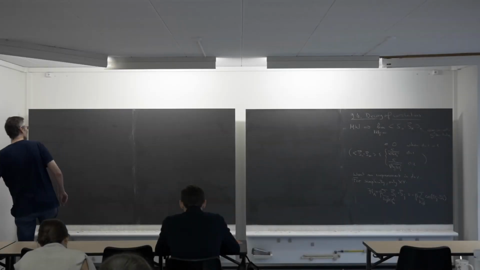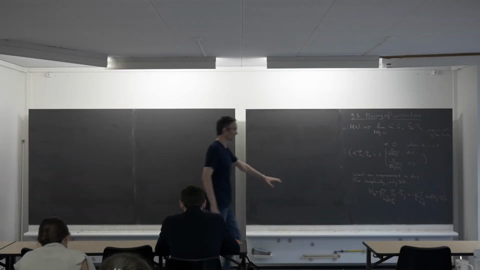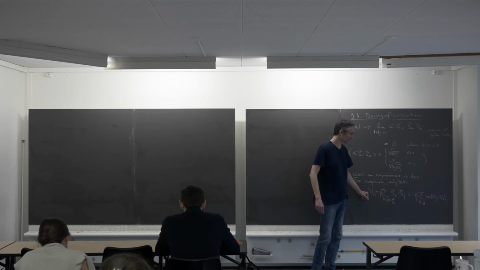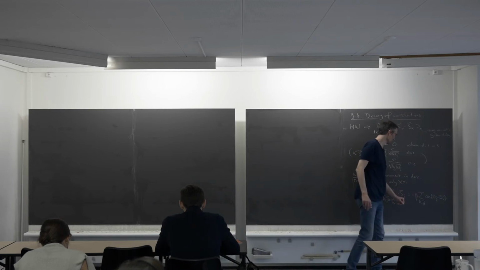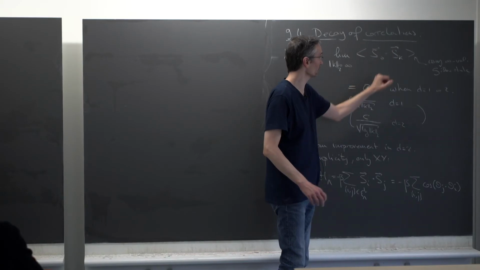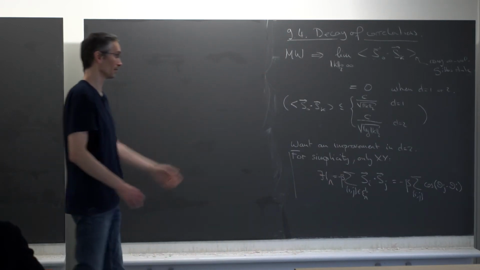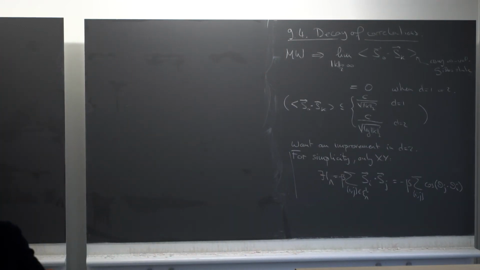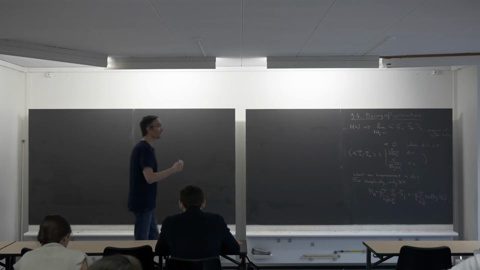Okay, I think we'll start. I want to start by giving you a heuristic argument to see what we should expect for the decay of this type of correlation functions, say in the two-dimensional XY model, at least at very low temperature.